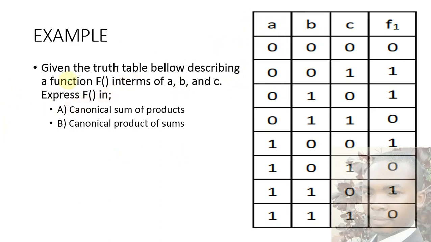So we have a function, we are saying given the truth table below, this describing a function f of n in terms of a, b, and c, then express it in canonical sum of products and then canonical product of sums. All right. So we have a here, we have b here, and we have c.